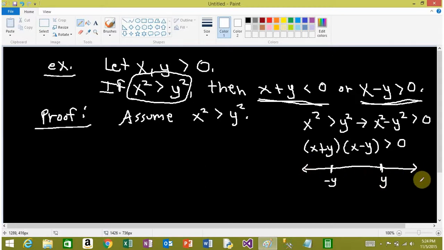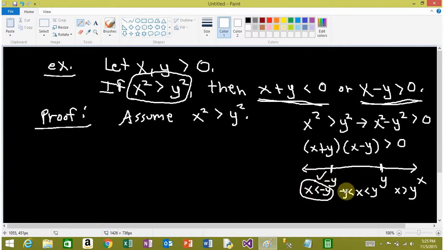Here are our 3 different cases. If x is less than negative y, you could plug in something like negative 2y, and you can see that that's going to be positive. So this is part of the solution.